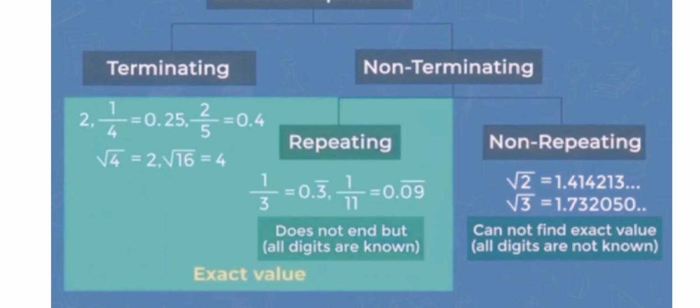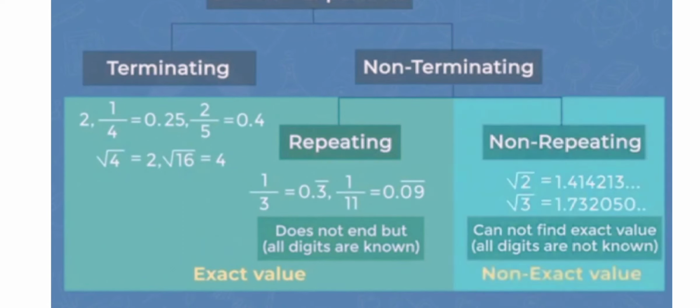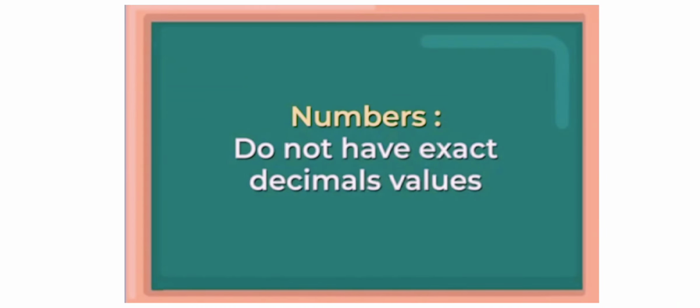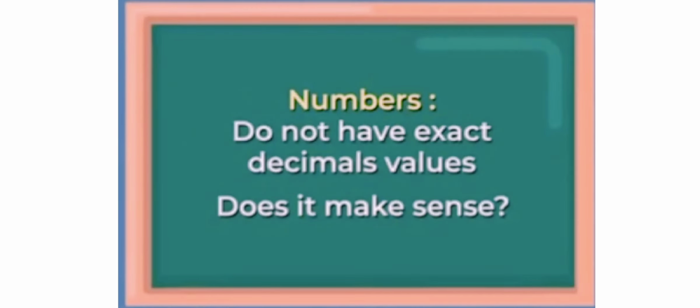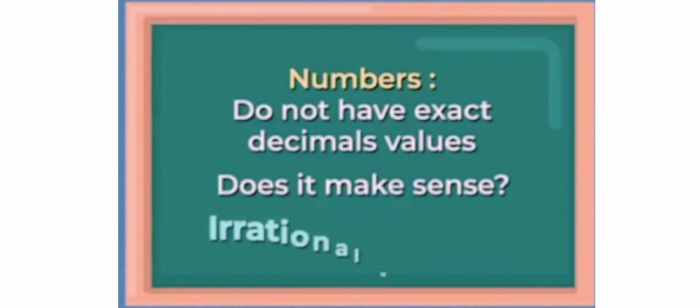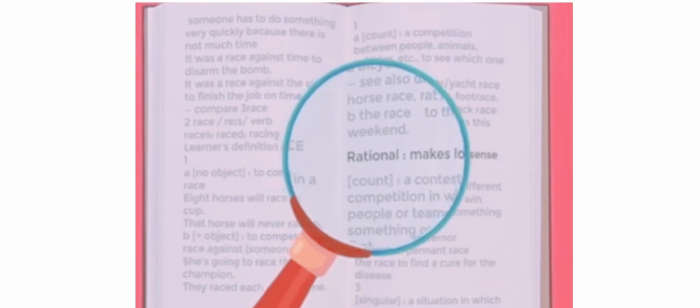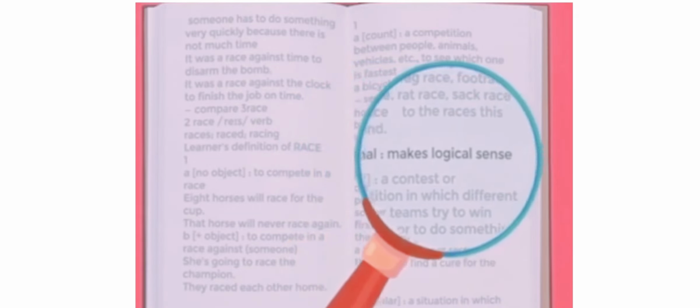So we can find the exact decimal expansion of all numbers except non-repeating decimals. So there are actually numbers whose exact decimal values can never be achieved. That doesn't make sense, does it? And that's exactly why mathematicians started calling these numbers irrational numbers. In English, when we say something is rational, it means it is logical or that it makes sense.